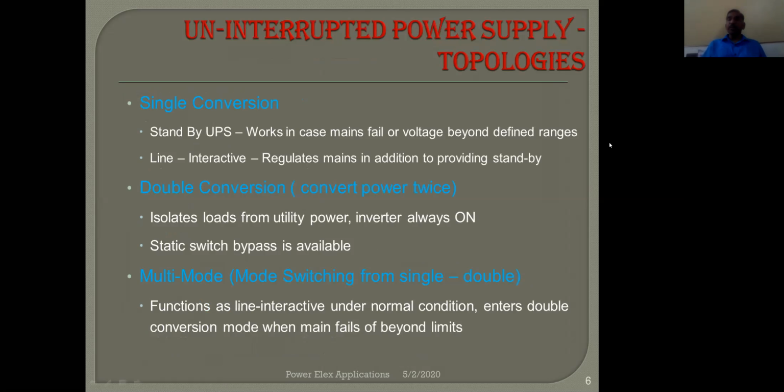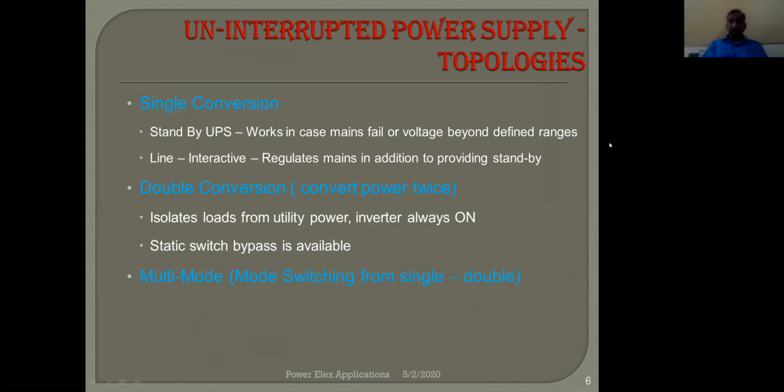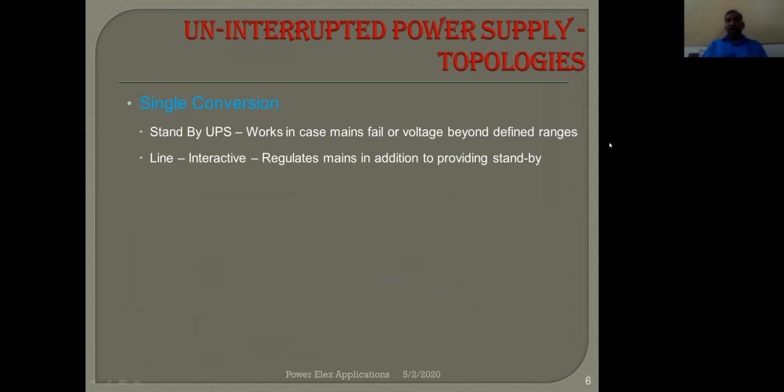So if I do have a UPS, then what the different topologies are, how they are used, and all that is also to be known. So if I list them, the first one is single conversion, then double conversion, and multi-mode. If we see single conversion, which is quite simple, standby UPS, whenever mains fail, it will supply power to the load.